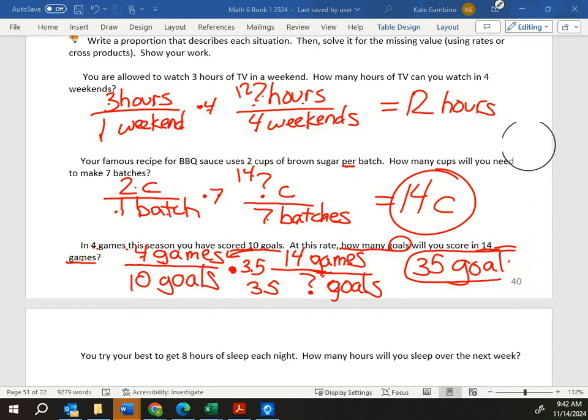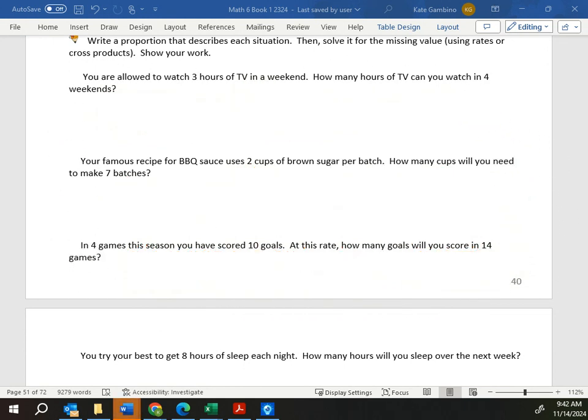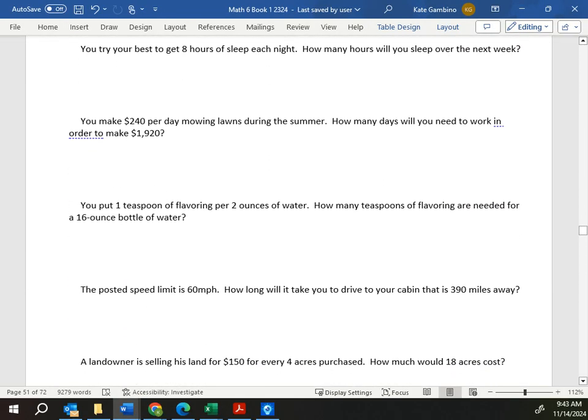So let's look at our second page. We can see on this second page we have lots of word problems just like that. You're going to set it up the exact same way that we just did together.